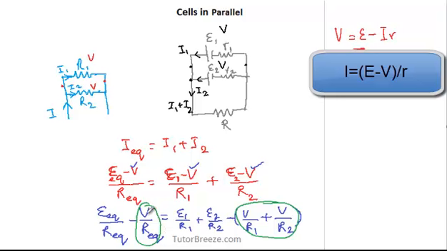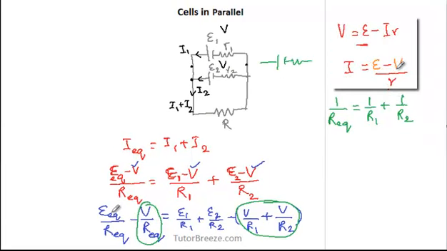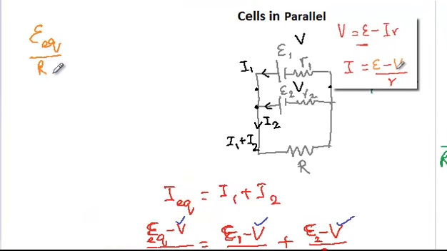Since V cancels out, you have 1 over R equivalent is 1 by R1 plus 1 by R2, which you can also see from this equation here that we can write E equivalent by R equivalent as the sum of these two terms. So we have E equivalent by R equivalent is E1 over R1 plus E2 over R2.